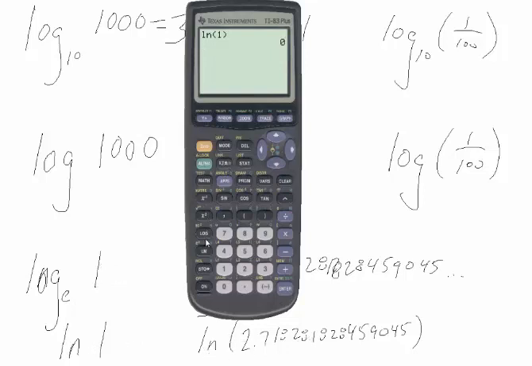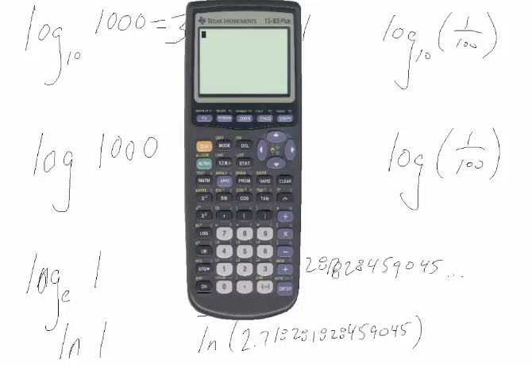And ln of 2.718281828459045, that's 1, because e to the first power equals this number, basically e. Okay? So we've got our calculator now that we can use to solve logarithmic problems.